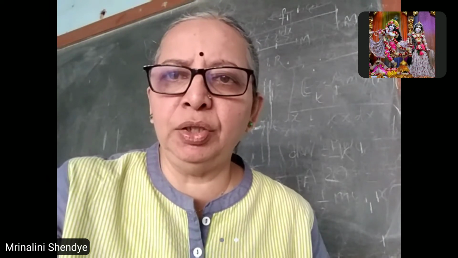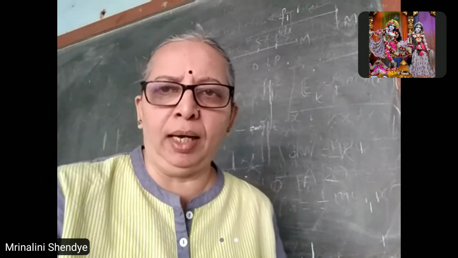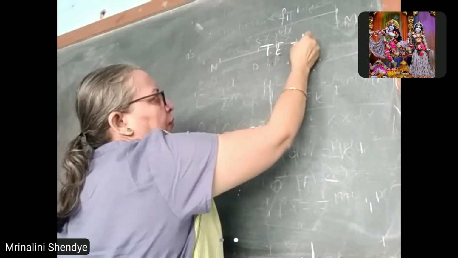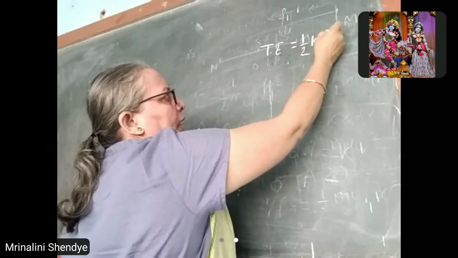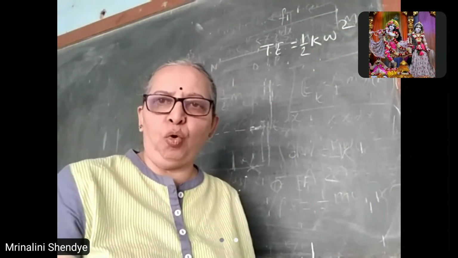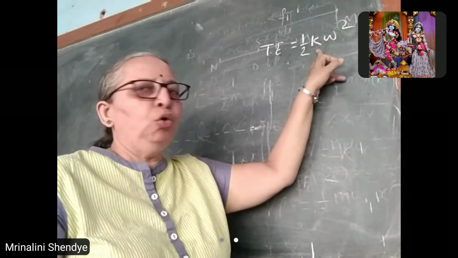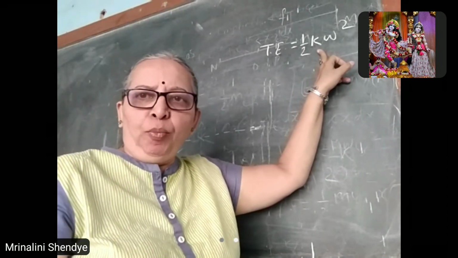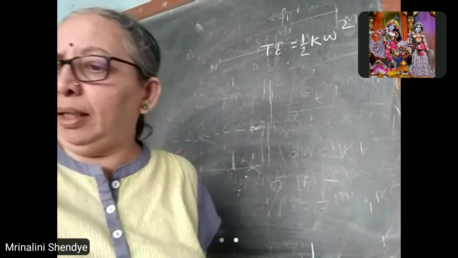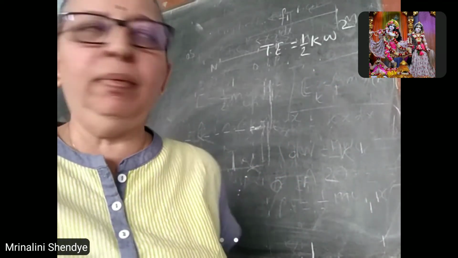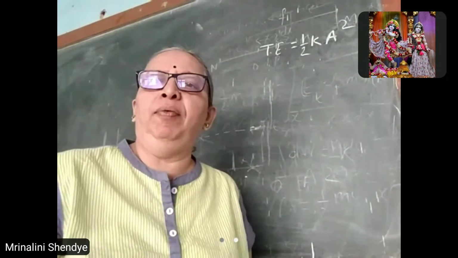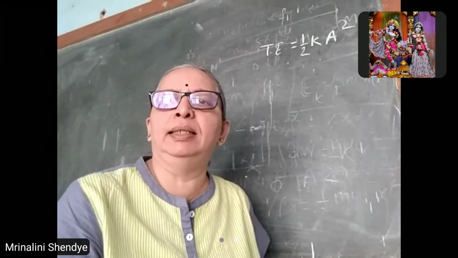Total energy is given by the formula half K omega square, where K is force constant, but we know K as m omega square, so you can rewrite it in the other form, half K a square, where a is amplitude in SHM.